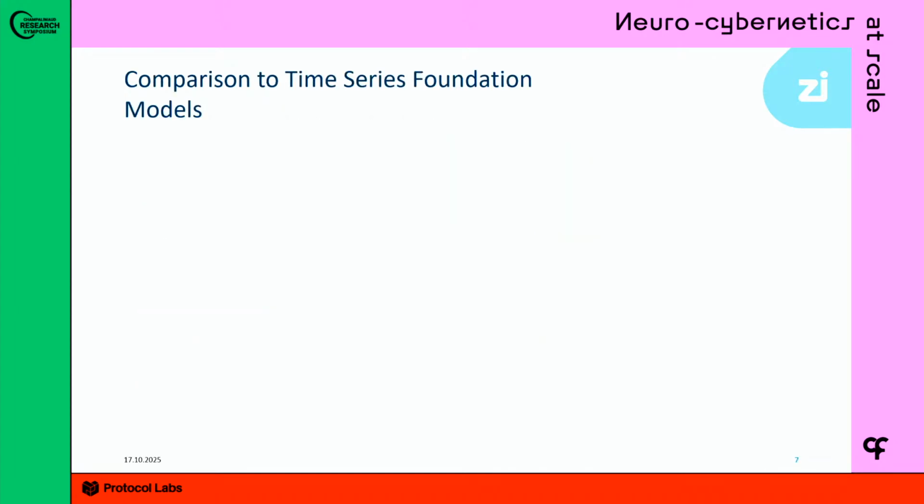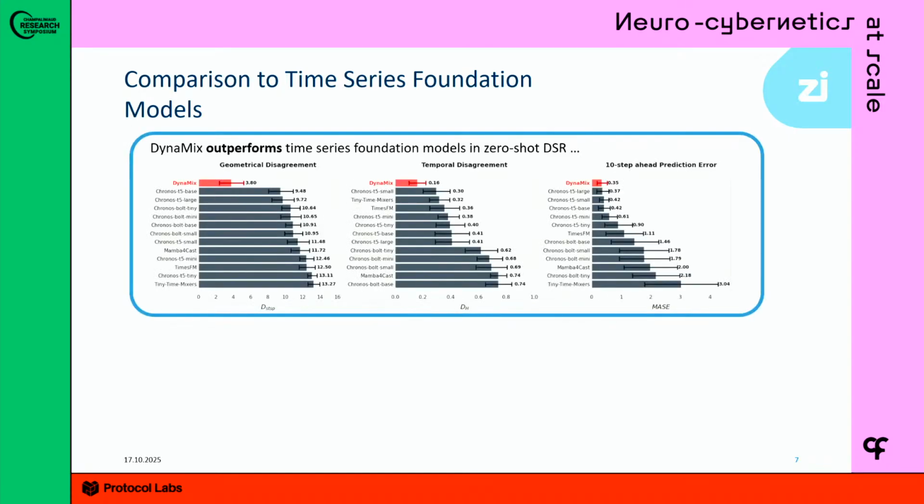And when we now compare the performance to the time series foundation models that are already out there, we can see that in terms of long-term measures, we outperform basically all the other time series foundation models, which are shown here in gray. And in the short-term prediction error, for which these time series foundation models are actually designed, we can match the performance.